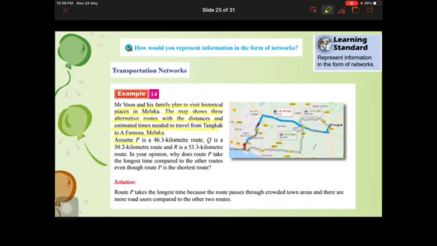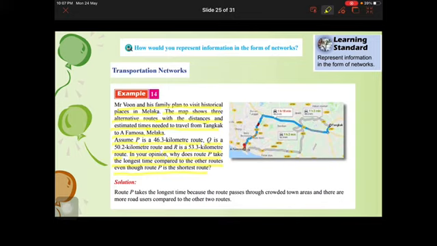Assume P is a 46.3 kilometer route, Q is a 50.2 kilometer route and R is a 53.3 kilometer route. In your opinion, why does route P take the longest time compared to the other routes, even though route P is the shortest route? Based on the maps, I think you have seen these maps, because when you want to go to any place that you don't know, your parents will use these maps or Waze.